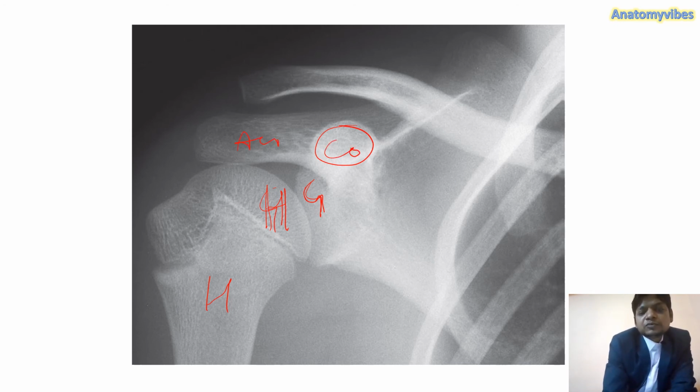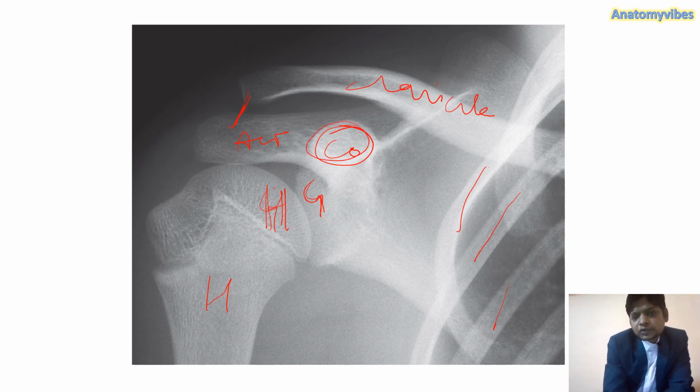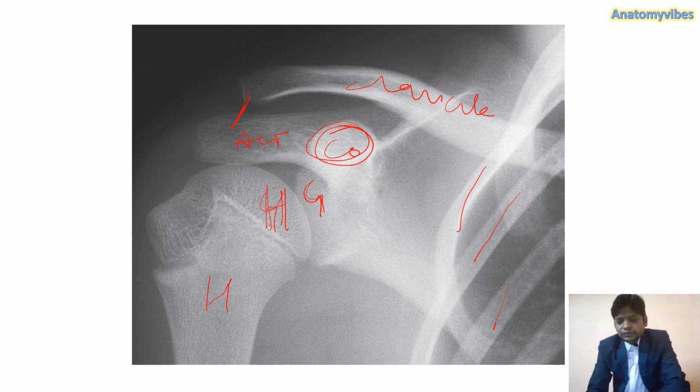This is acromial process of the scapula, and this is clavicle. These are the ribs. So you can see that clavicle will articulate with acromion process here. Coracoid process is projecting just below the clavicle and acromial process. So this X-ray depicts how the clavicle is placed in relation to other bones. Okay.